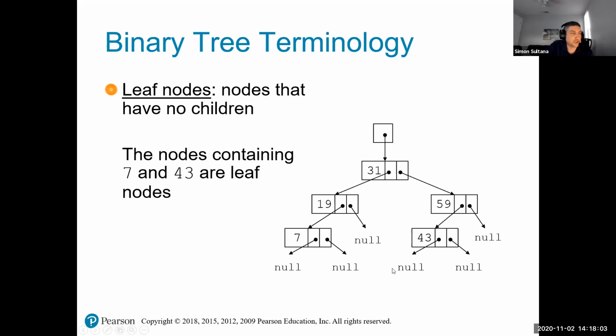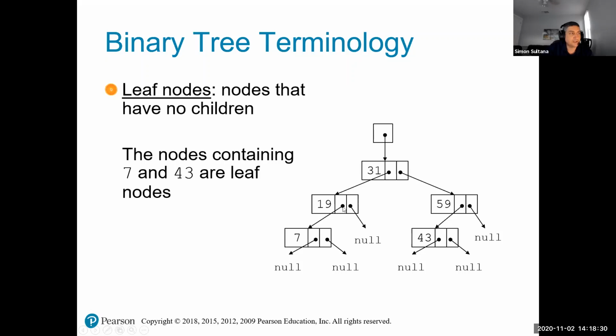And you can see in this tree we have these 5 nodes: 7, 19, 31, 59, 43. You see 7 and 43 are both leaf nodes because they don't have any children. Notice that 31 is the root node, and 31 has children of 19 and 59.